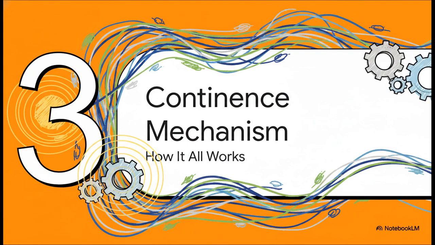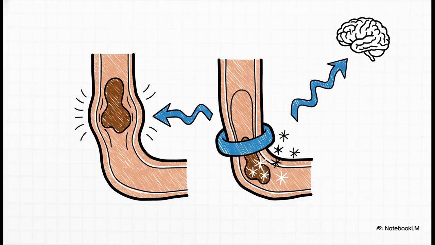Okay, so we've got the parts list, right? We know the anatomy. Now let's see how all these pieces fit together to do their main job, maintaining continence. It's a pretty elegant system, actually. So how does your body know what's waiting? It's all about this clever little thing called the recto-anal inhibitory reflex.